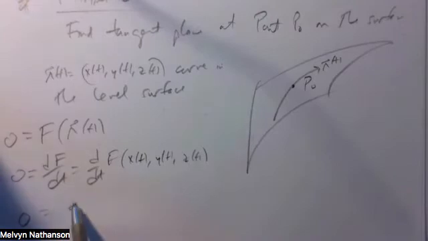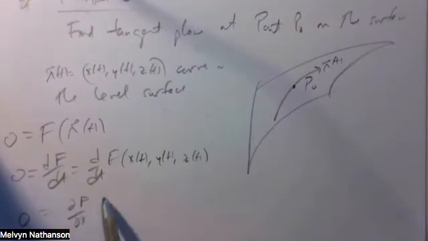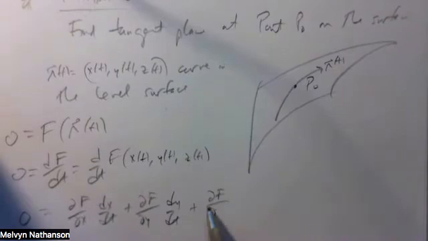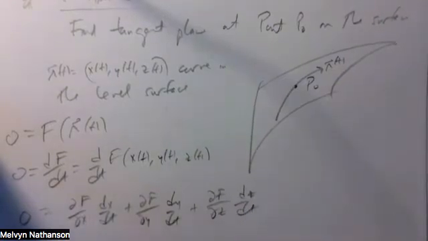So 0 is the partial of F with respect to x, dx/dt, plus the partial of F with respect to y, dy/dt, plus the partial of F with respect to z, dz/dt.